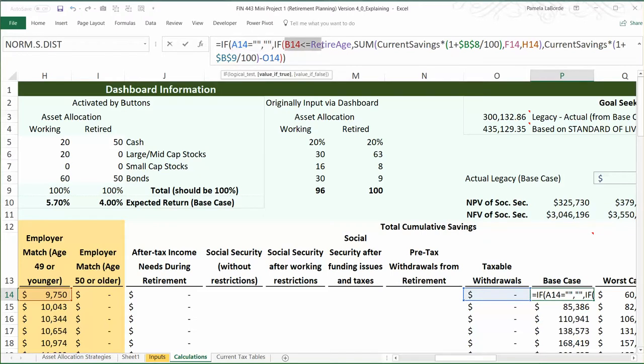If they are less than or equal to their retirement age, so that means they're working, then I need to use their working expected return. And what I want to do, for this very first year, is sum their current savings. Their current savings is just a number straight from my inputs tab.